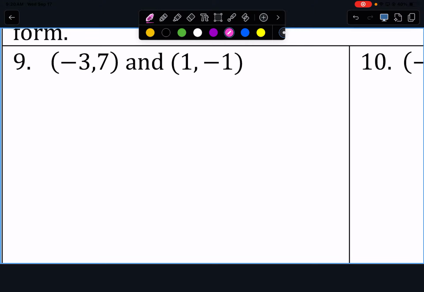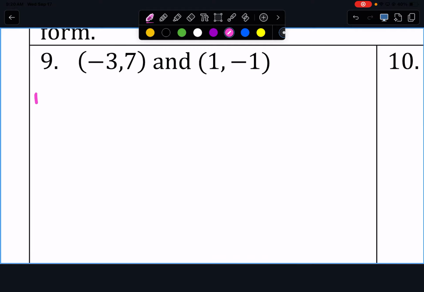So let's start with finding our slope on number 9. If you need to, take 5 seconds and label your points x1, y1, x2, y2. So from here, what is the numerator going to be? Yeah, negative 1 minus 7. What's the denominator going to be?